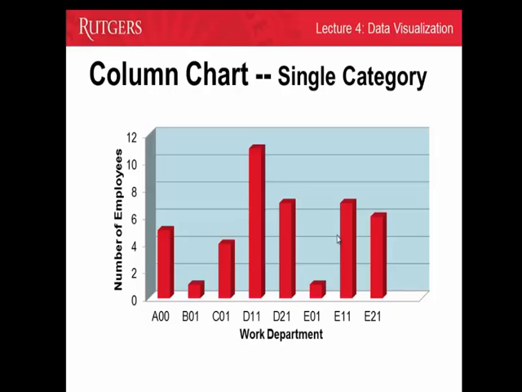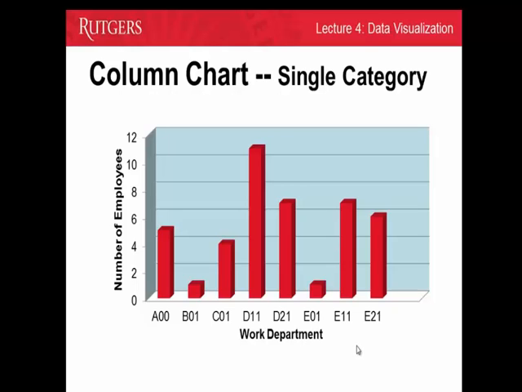Usually the columns are equal in width, and it is important that the vertical scale starts at 0. Otherwise, the heights of the columns are not proportional to the frequencies. So this picture still shows the frequency distribution of the work department by using the column chart.